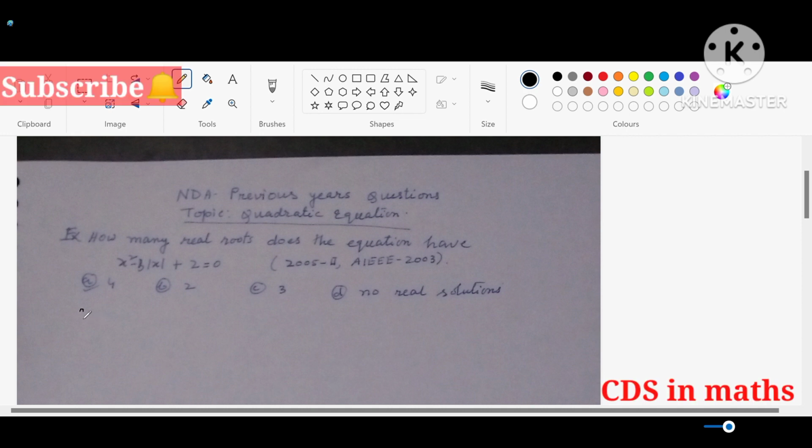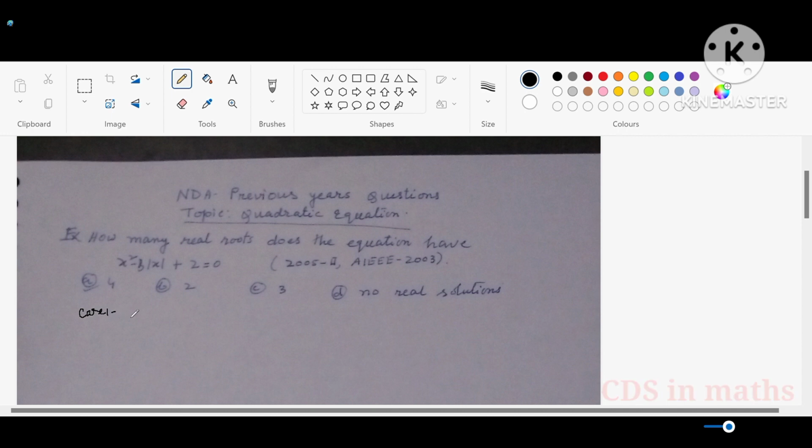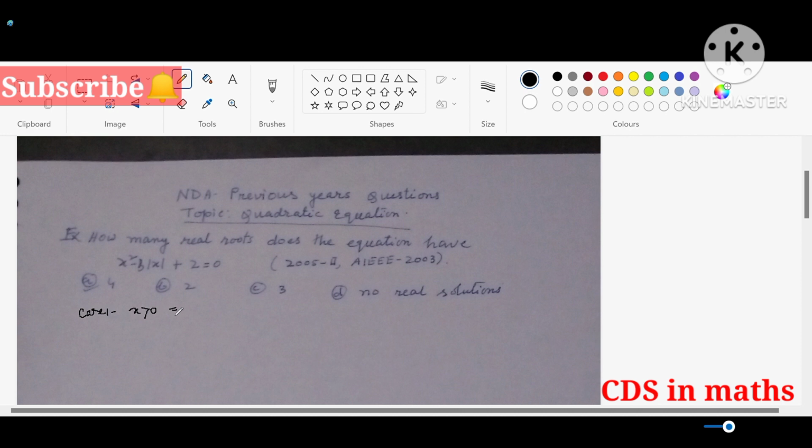So we have to discuss case wise. Case 1, say x positive, x greater than 0. This implies mod of x will be equal to x.